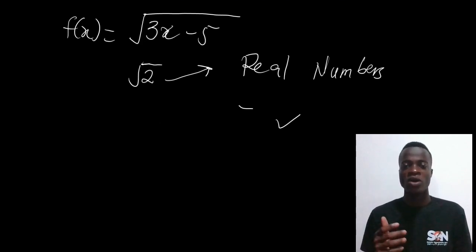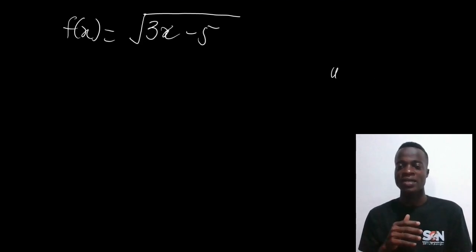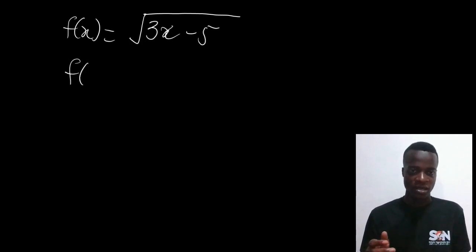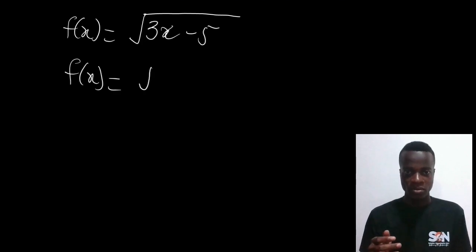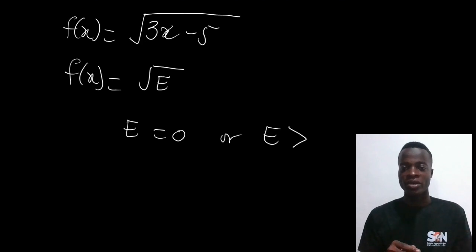So that's why we don't allow that when it comes to numbers under a square root. Let's say you have a function like this, let me just use an example: square root of an expression, and the name of the expression is E. You have to know that the expression can be 0 or it can be greater than 0.